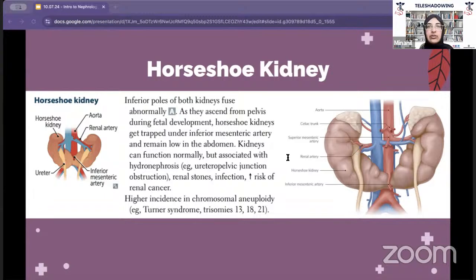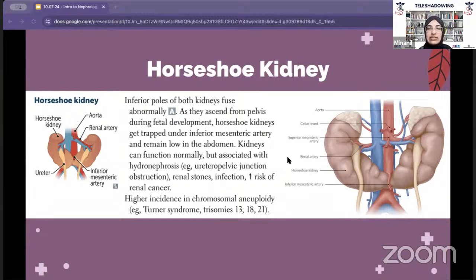People with horseshoe kidney are also at a higher risk of infections, because the stasis, or the stoppage of the flow that should be free of blockages, makes it easier for bacteria to grow. That increases their risk for kidney infections, or pyelonephritis. Horseshoe kidneys can also predispose patients to renal cancer, which is rare, but it can happen. There's a slightly higher risk of kidney cancers in people with horseshoe kidneys.